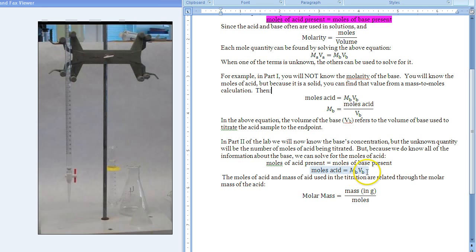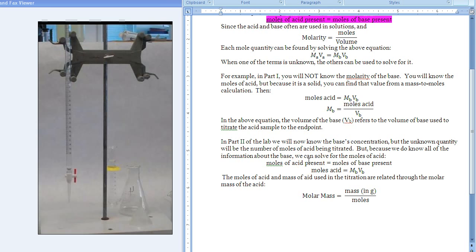The base has been delivered by the solution, so its amount is MbVb, but the acid is an unknown. So we're going to leave it as an unknown, but if we take molarity base times volume base, that is moles of base and telling us how many moles of acid are present.